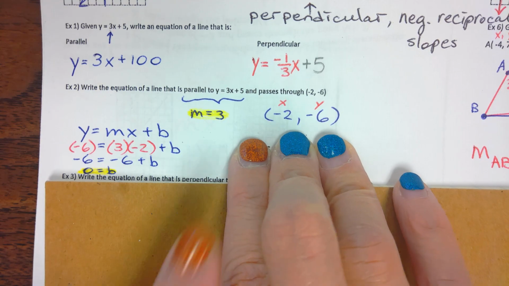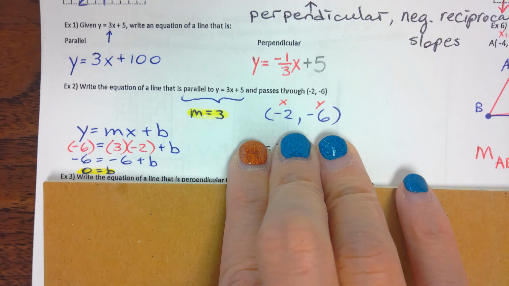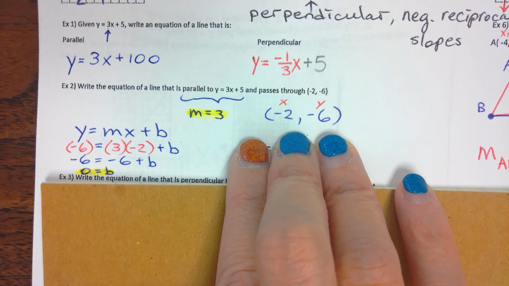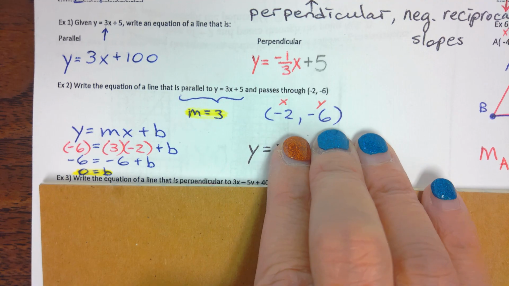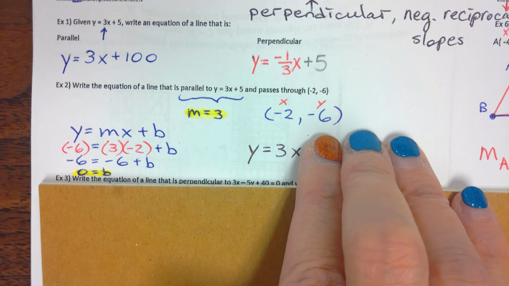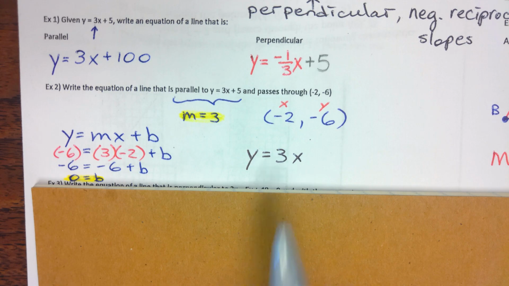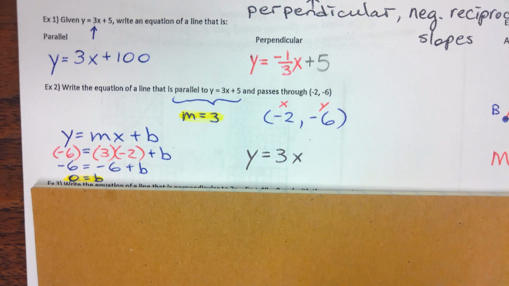Alright, so now that we have m and we have b, let's let Catherine answer this one. What is my equation then, if I put it together? y equals 3x. And that's it. Good. See, I know you got it. Alright, do we need to put that plus 0 right here? No. Okay, so some people did yesterday. Okay, so don't put that 0.